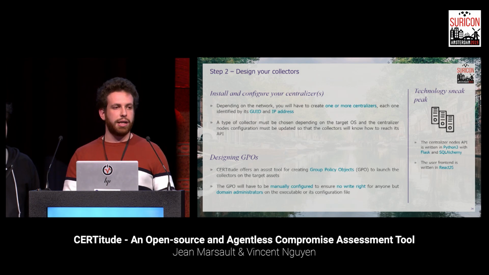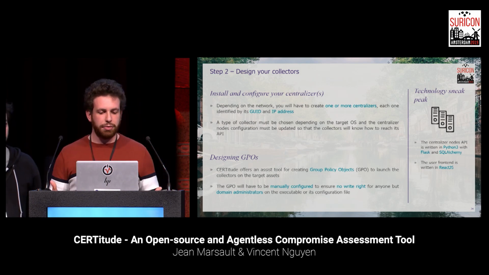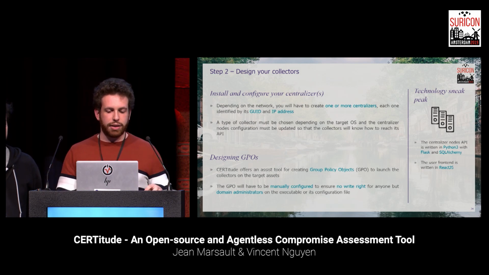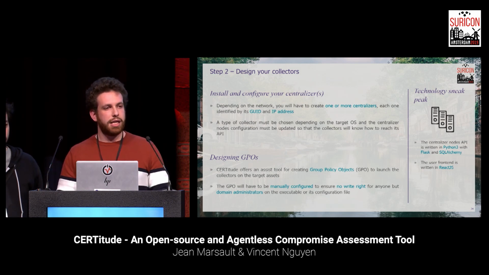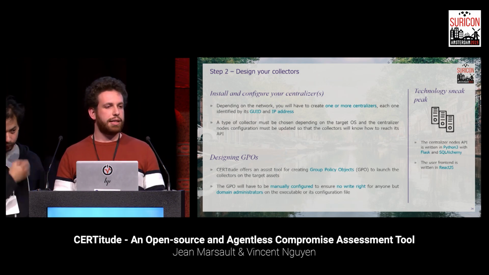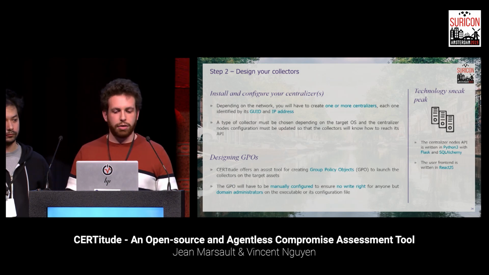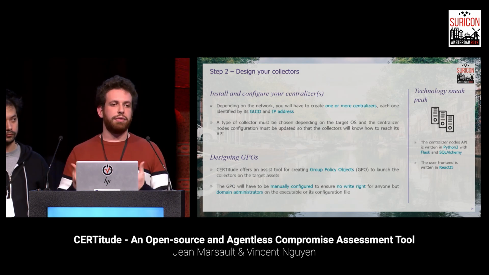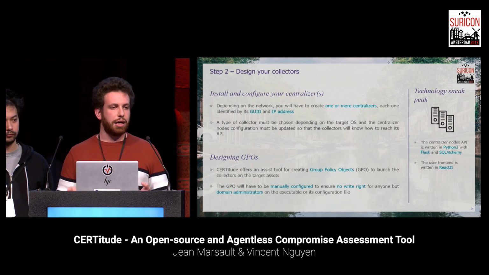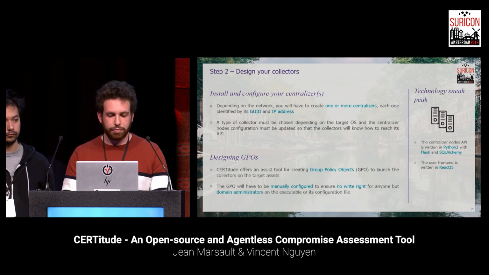So you will have to design this group policy object, this GPO, and in order to design it, you will have to elect a collector type. For example, if you want to target recent versions of Windows, or maybe older versions, and you will have to give it also the configuration file alongside the executable, so that they can be launched on the assets of the information system.